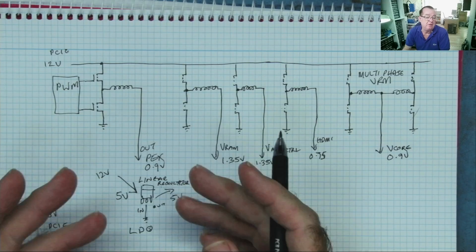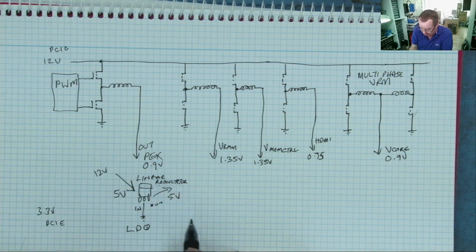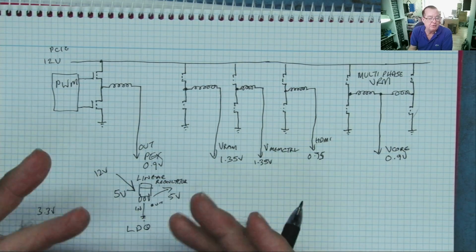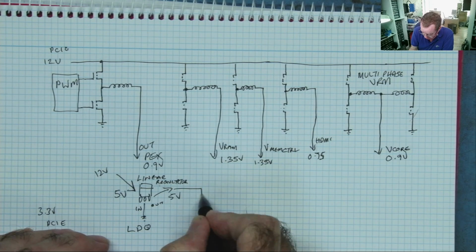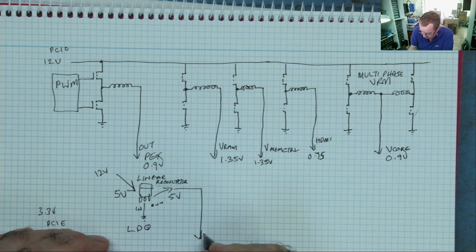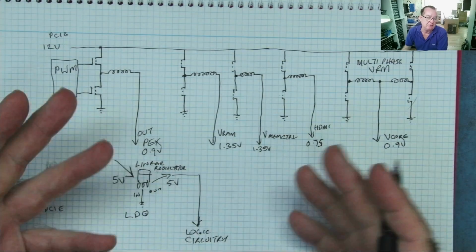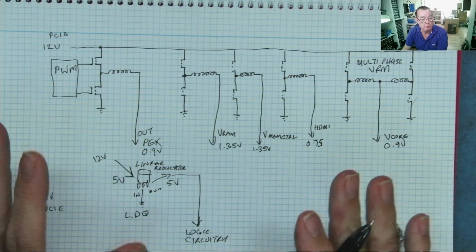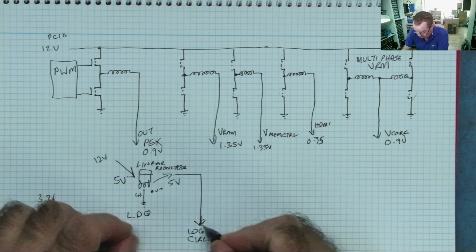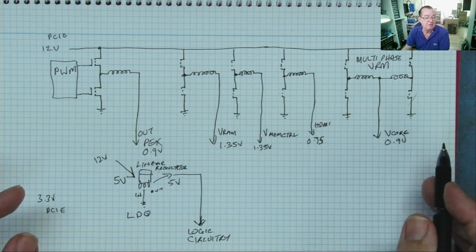And the reason we can use something like this is because the 5 volt isn't actually powering much, and this goes into the logic circuitry. These are other parts of the board, integrated circuits, transistors. We'll look at them later, so don't worry about them now. We will look at them, okay? So that's usually a linear regulator.